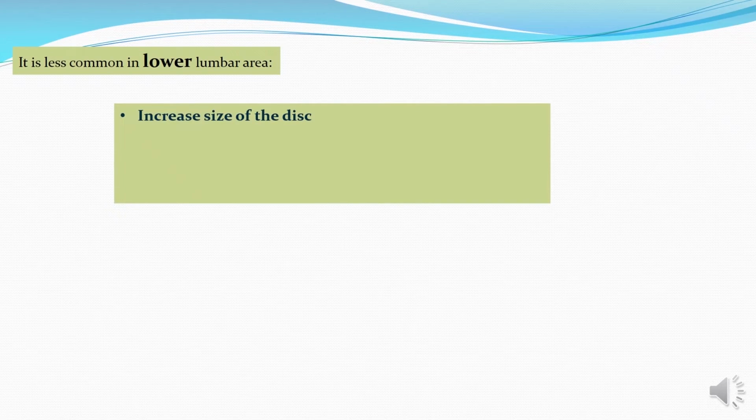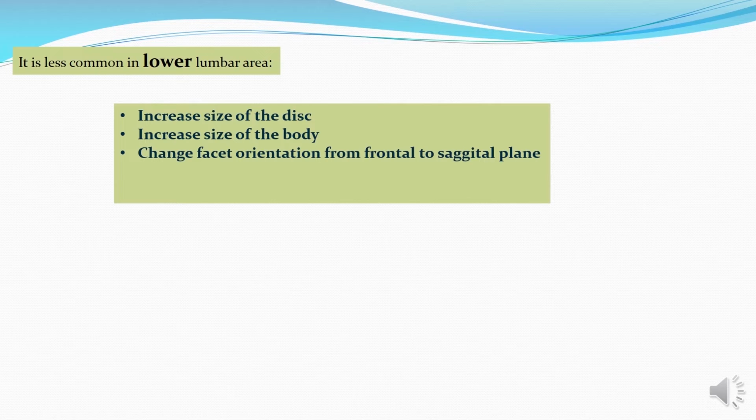And if the lumbar area is subjected to a major trauma, it usually doesn't result in fracture of the spine, because of the increased size of the disc, which absorbs axial loading better, the increased size of the body, which sustains more stresses, and the orientation of the facets changes from the frontal to the sagittal plane, so fracture dislocation is less than the thoracic area.